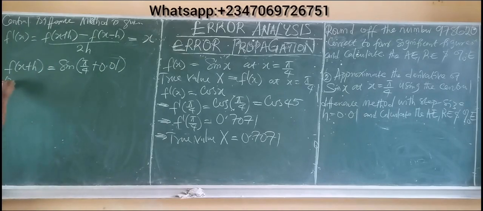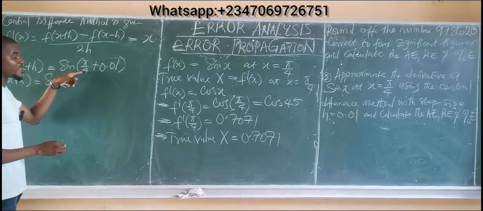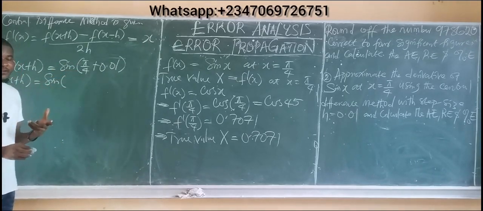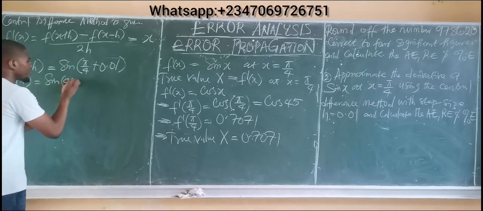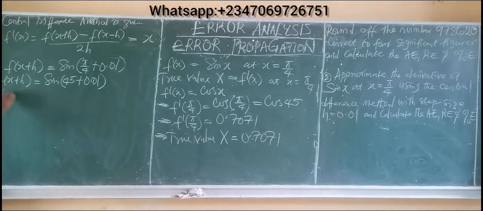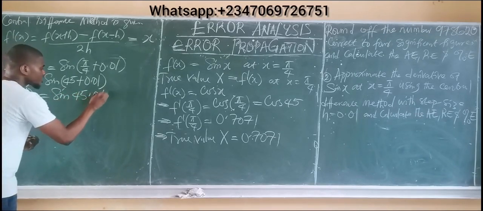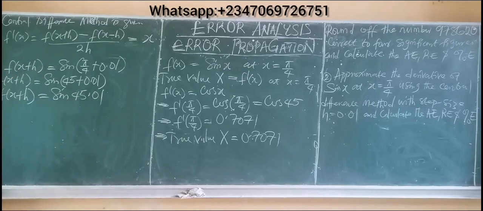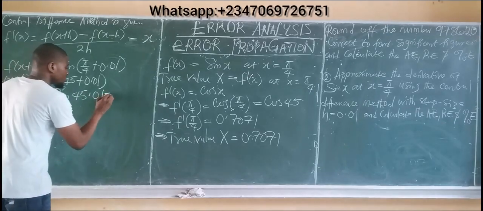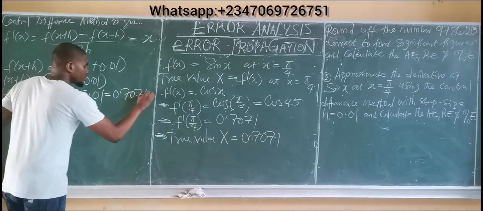So f of x plus h is equal to sine of 45 plus 0.01, which is sine 45.01. This will give us 0.7072.